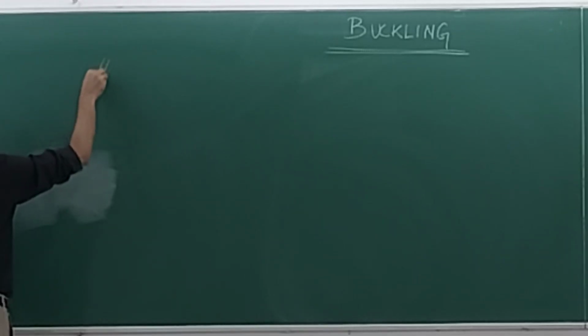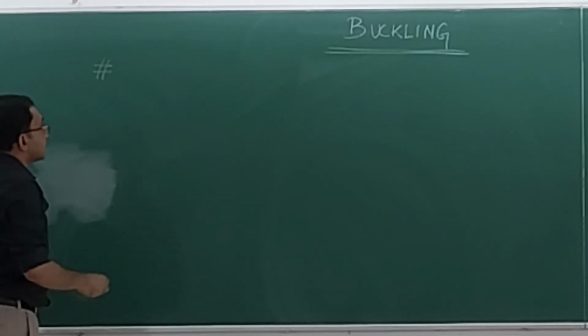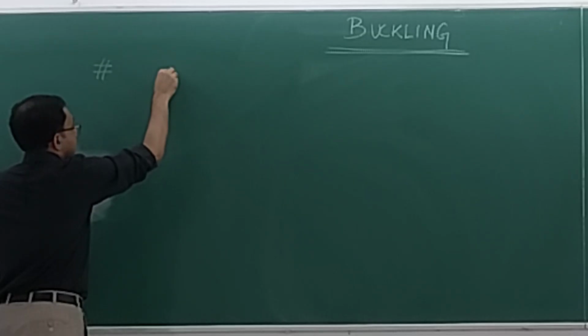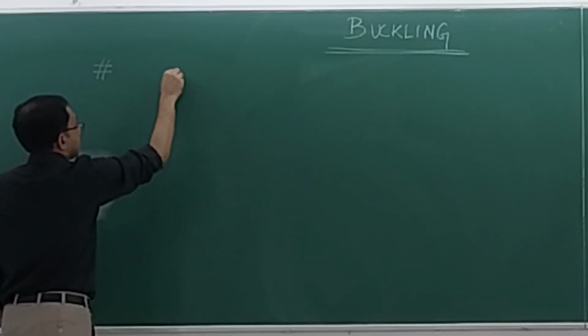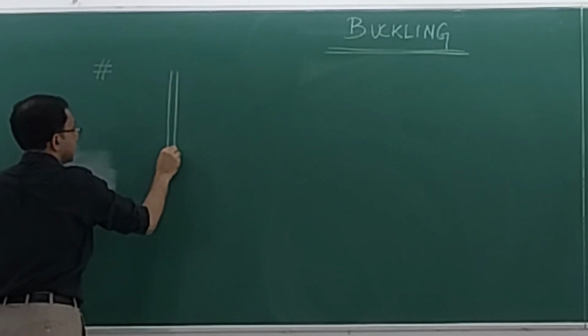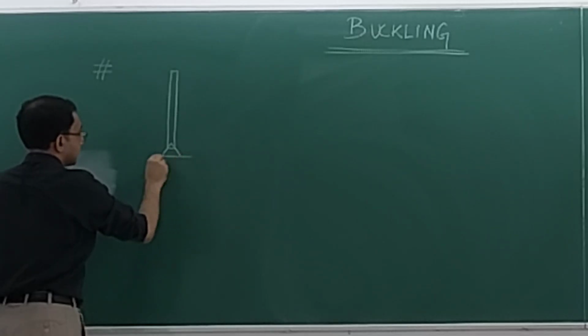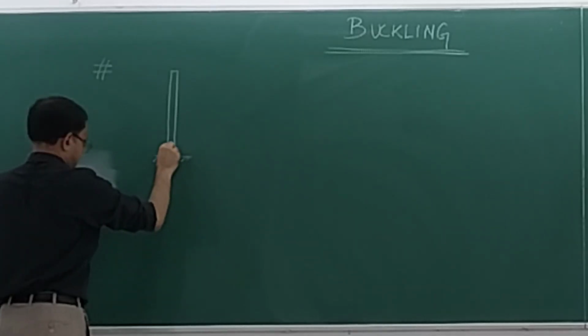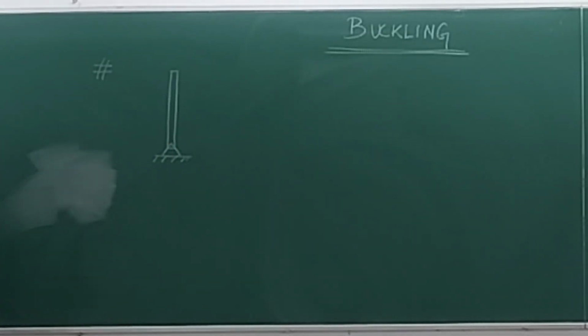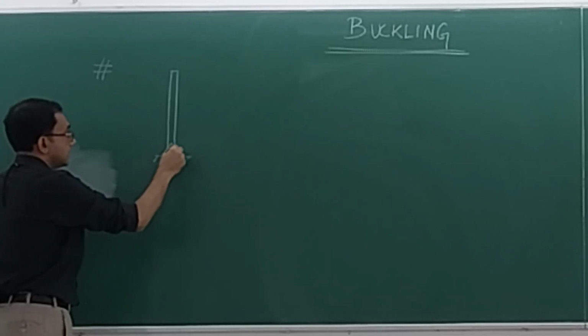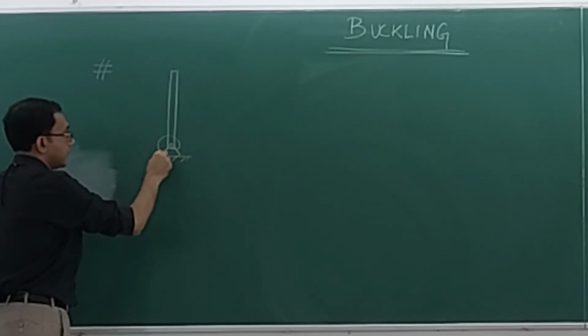So what we'll do, as a first representative example, we will consider, let's say this. There is a rigid member, there is a hinge here, and here there is a spring.